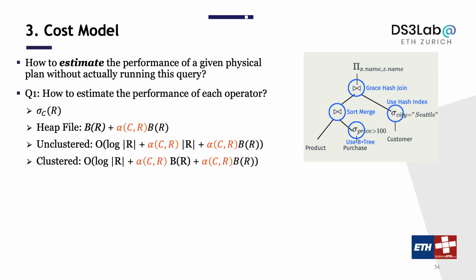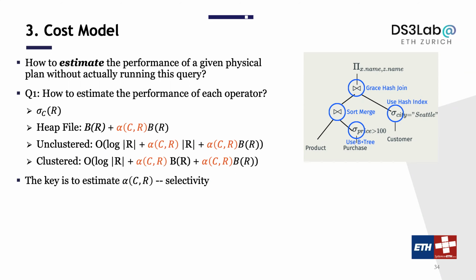So what's hard about this? The difficult thing is actually the term that I highlighted, the alpha CR. And as you remember, this is something we call selectivity. Essentially, given an operator, I want to estimate how many tuples I will have in my result.